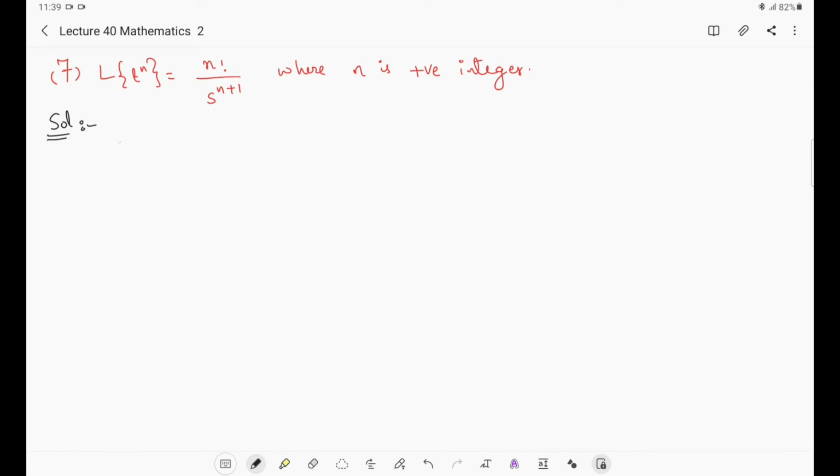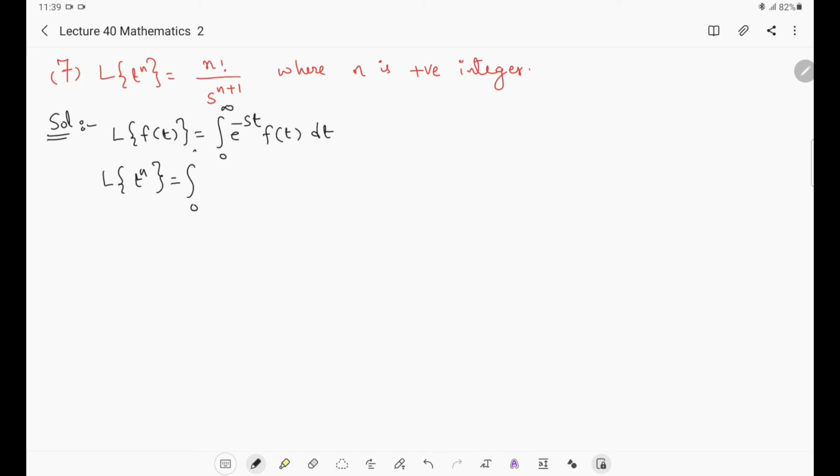Right. Now, we know the basic definition of Laplace transform of f(t) is given by the integral from 0 to infinity of e^(−st) f(t) dt. Now, in place of f(t), we have t^n.